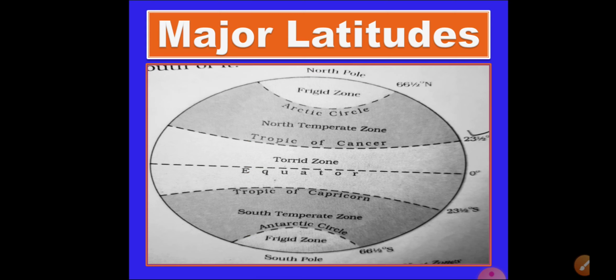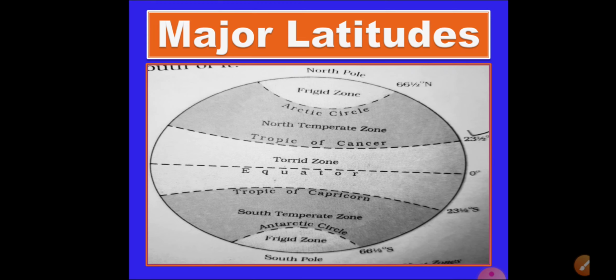On the top, from North Pole to Arctic Circle, this zone is called Frigid zone. Same in the southern hemisphere, from Antarctic Circle, means 66 degree half minute south, to South Pole, it is Frigid zone.